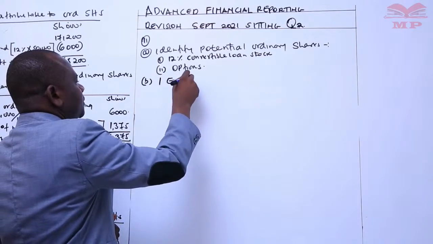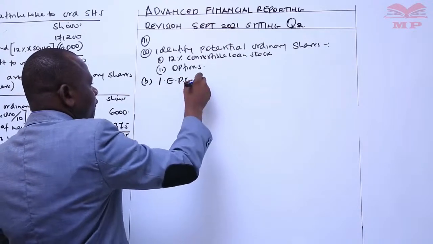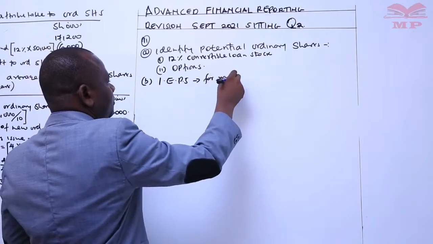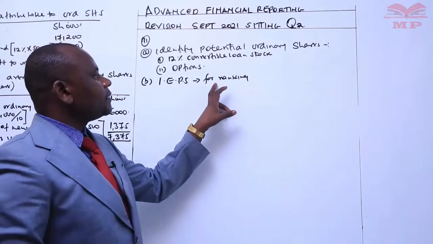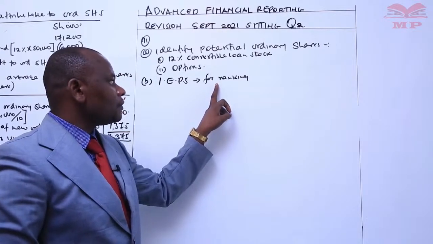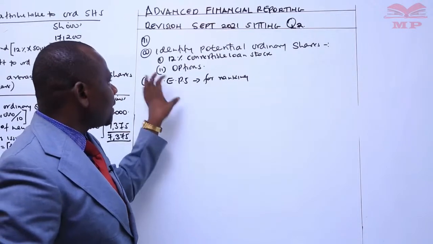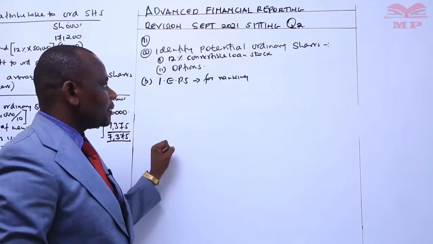Determine incremental EPS for ranking. Ranking here means we rank the potential ordinary shares in the order of dilution, the most dilutive and the least dilutive, based on the incremental EPS.